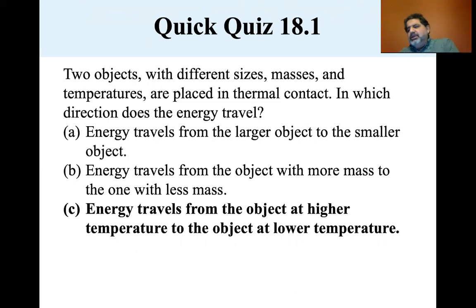It's the energy in the hot tea, the rapid vibration of the tea molecules, transferring energy to the more stable and less active ice cubes. So energy always travels from the object at higher temperature to the object at lower temperature.